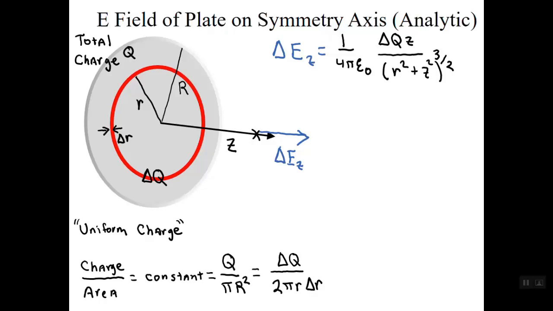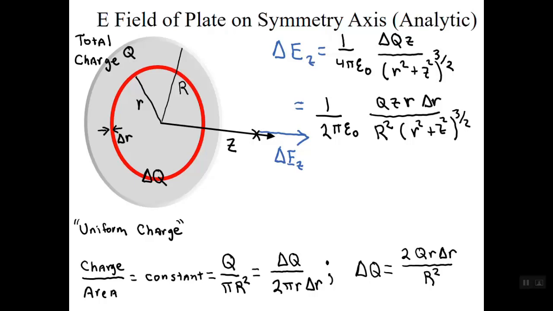Note that the area of the ring is just length times width. The length is the circumference of the ring, 2 pi r, times the width of the ring, delta r. We can use this expression to solve for delta Q in terms of delta r. Let's substitute this result into our expression for delta Ez.